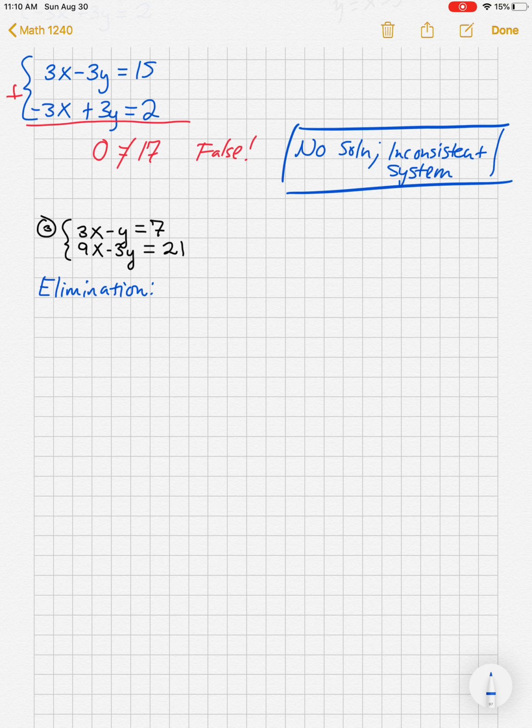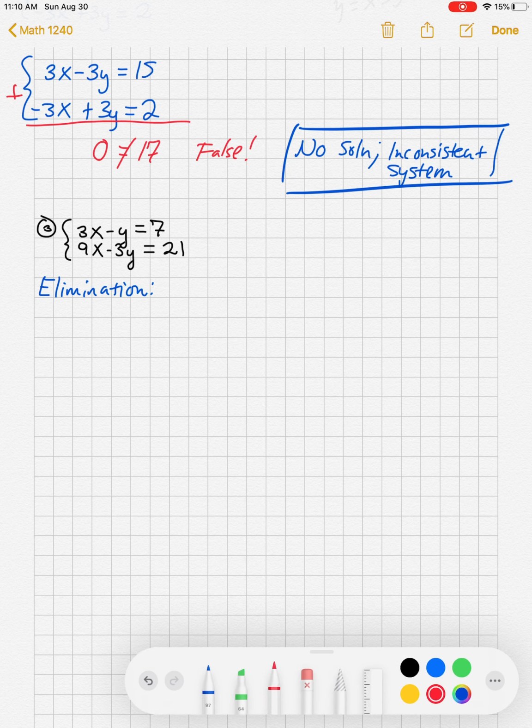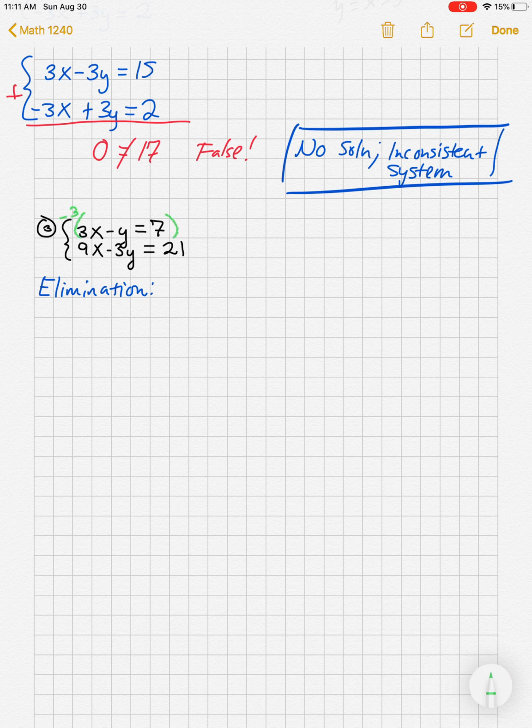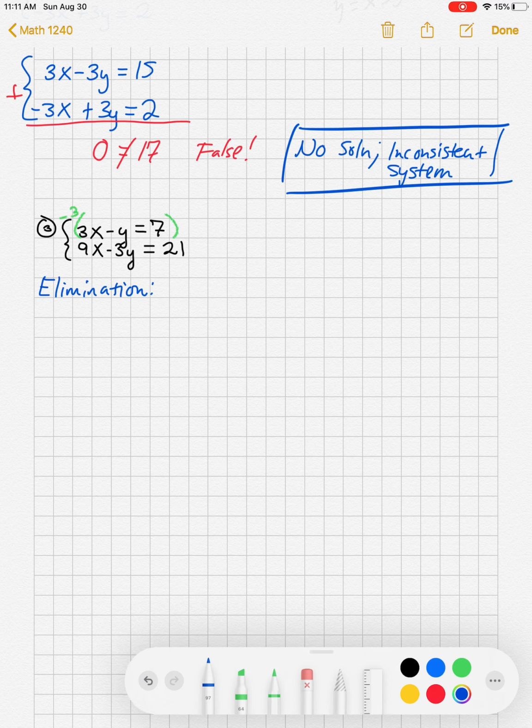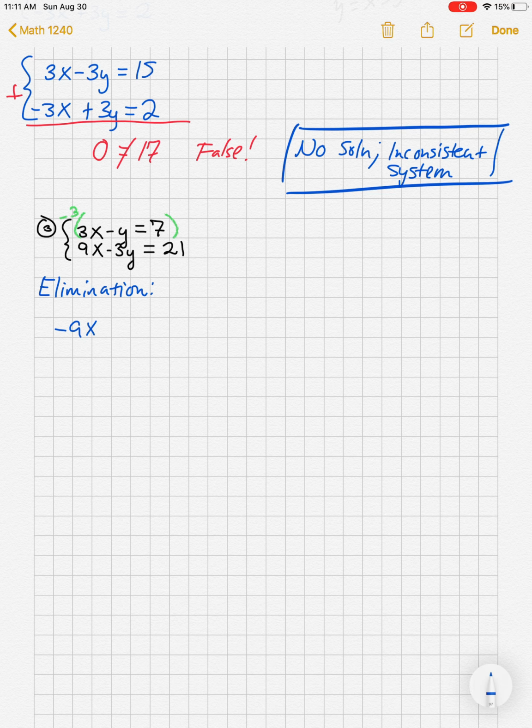That seems easy. So what if I multiply that top equation by -3? -9x plus 3y is -21. Second equation, I'm going to copy it down as it is.